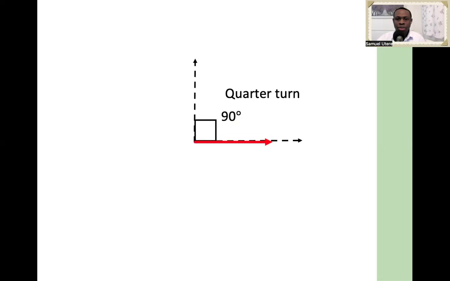We're going to review our understanding of how many degrees we have in a turn, half a turn, 3/4 of a turn, and a full turn. If we put our vertical line there and we draw another line to form a 90-degree right angle, if we make that turn, we have just done a 90-degree turn. If we draw another line and we make another turn, we have just done half a turn.